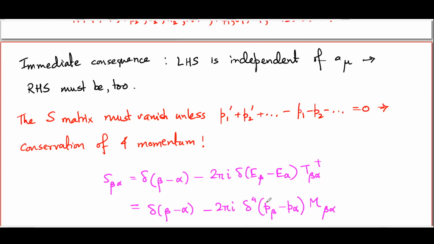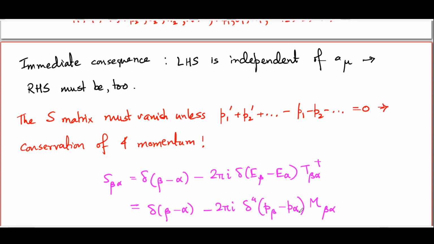And therefore, what you ultimately end up with is that this term has not only a delta of E beta minus E alpha, which is an energy conserving delta function, you have 3 more delta function factors, one for each spatial component of the momentum, and rolling them all together you can write this as delta 4 P beta minus P alpha.